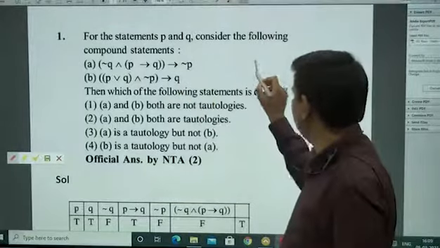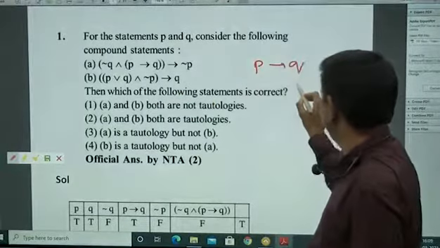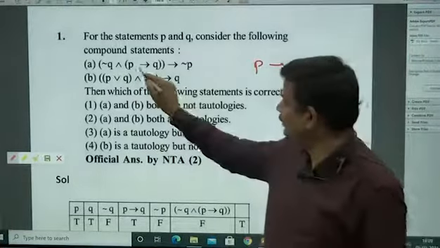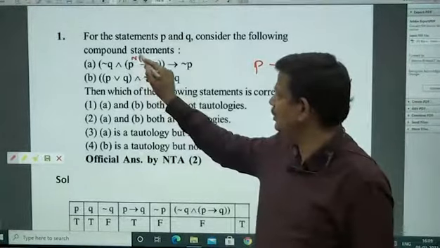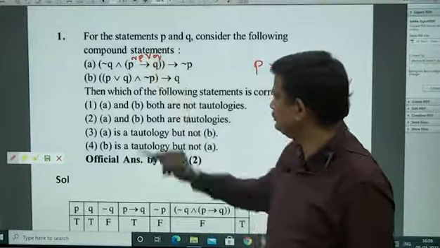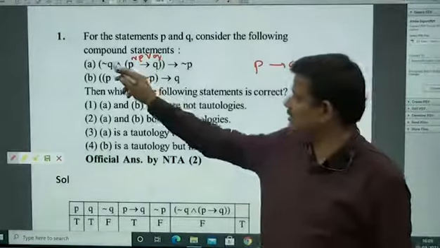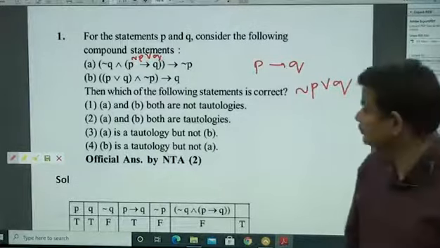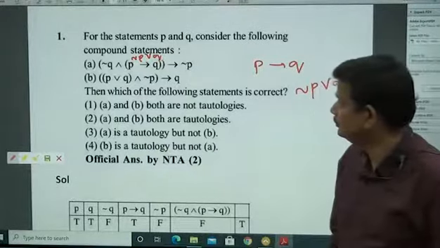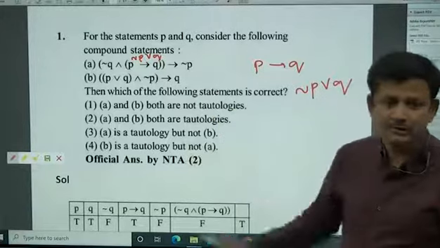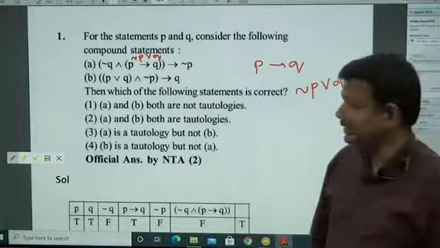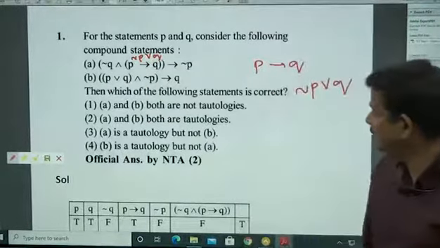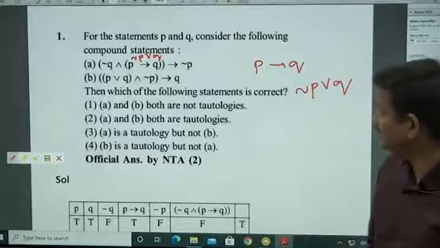P implies Q is simply negation P or Q. So if I write negation P or Q here, negation Q and Q, okay, so Q will not be taken care of. So what are you left with? Negation P and negation Q.